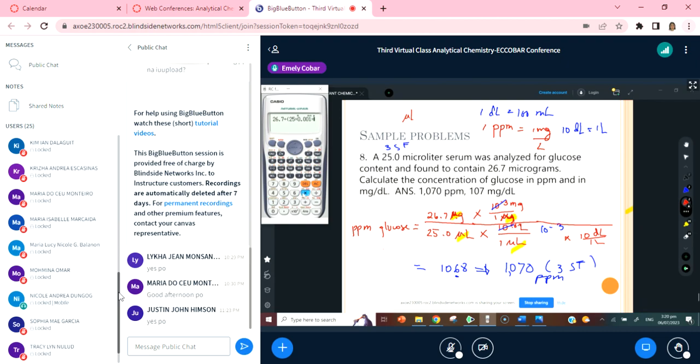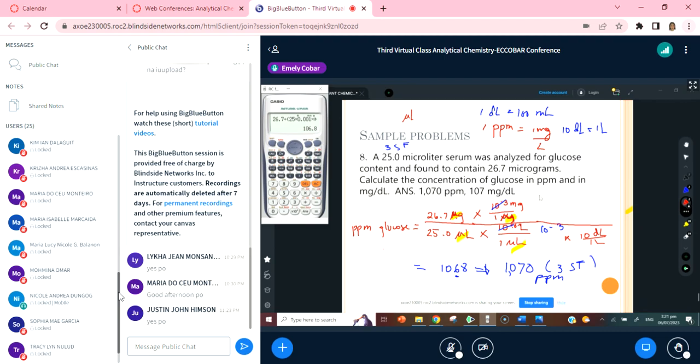And then times 10, kasi 10 deciliter in 1 liter. Kasi at this point liter na yan, so convert na lang natin si liters to deciliter. So times 10. Tingnan natin yung sagot. Ayun, 106.8 or 107 milligram per deciliter.